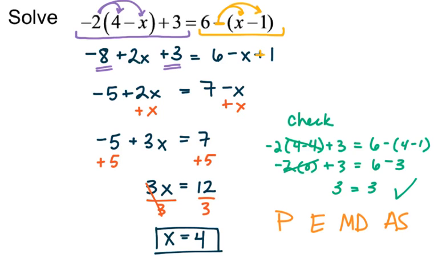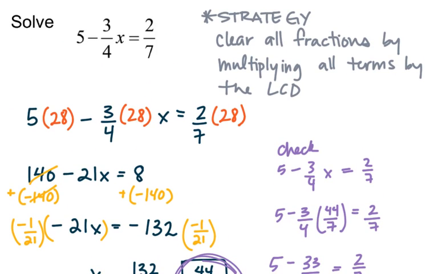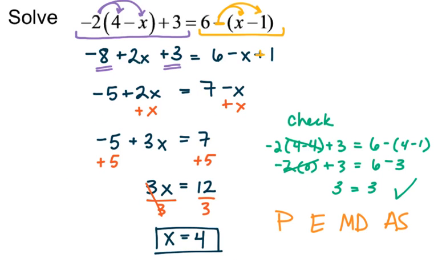So we've done two examples solving two different linear equations, one with fractions and then one with multiple operations. I want to take a second to talk about two special cases. So some special situations you may deal with.